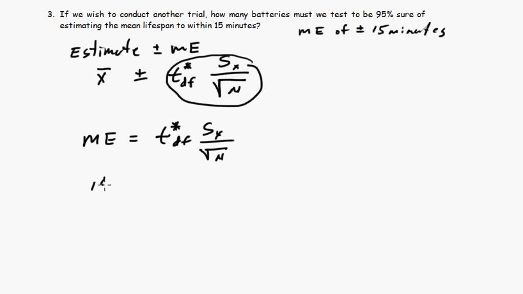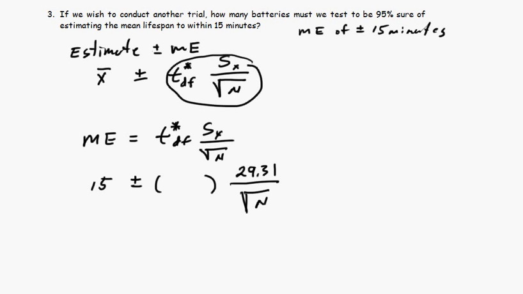Okay, so now we can just kind of plug and play a little bit. We want the margin of error to be 15 plus or minus. So if you recall, the standard deviation of the sample was 29.31 divided by the square root of n. Now here's the problem. What do we use here?